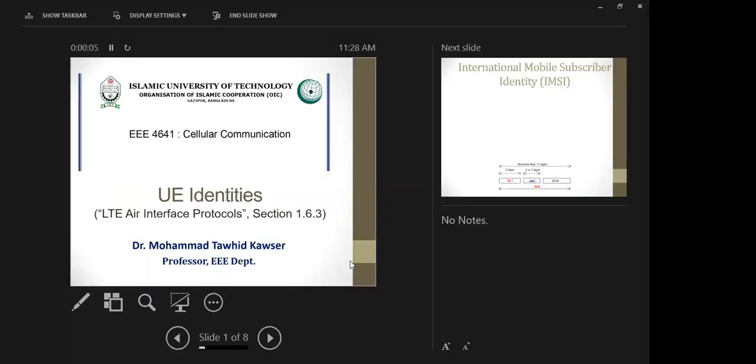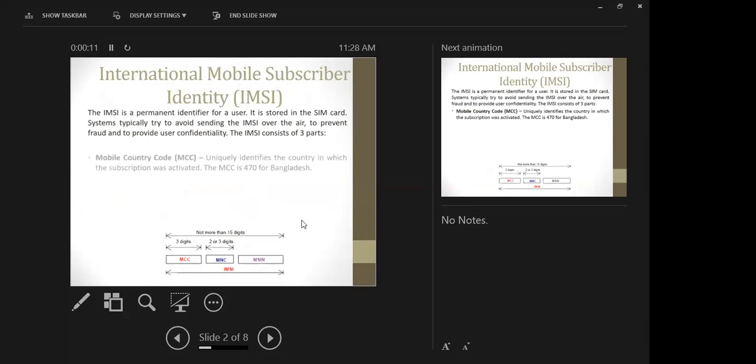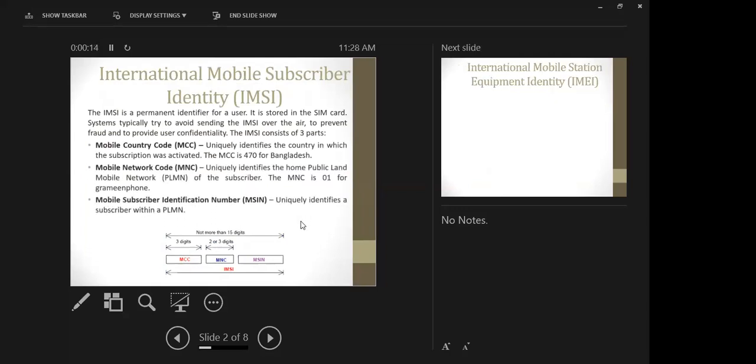You all know that you have an identification with your phone number as a subscriber in the network, but your network does not identify you with your phone number in its core network when it processes calls for you.